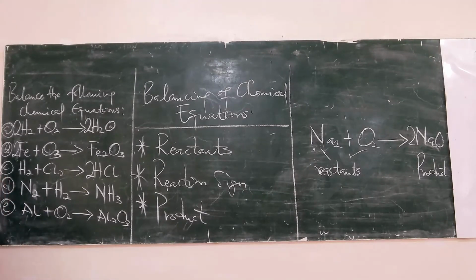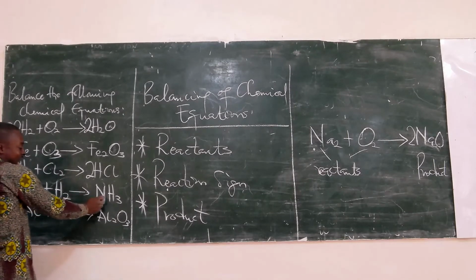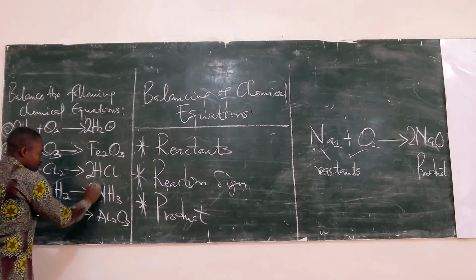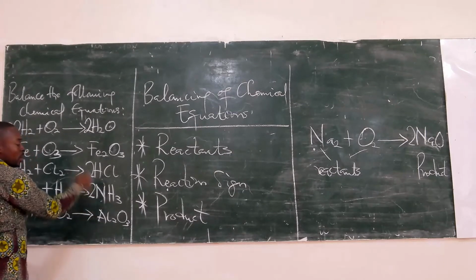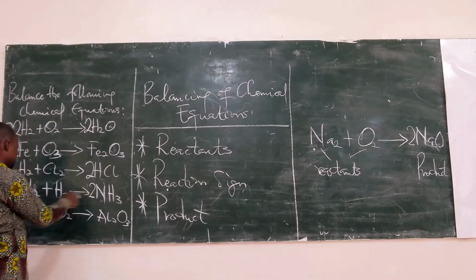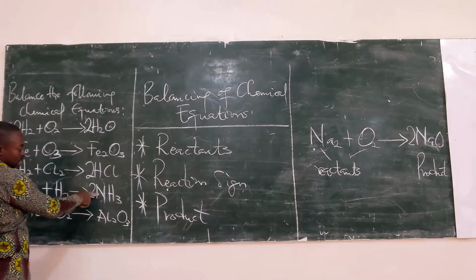So D, we have how many nitrogen atoms here? Hydrogen atoms, yes. But over here, you add 2. Nitrogen here is 2.